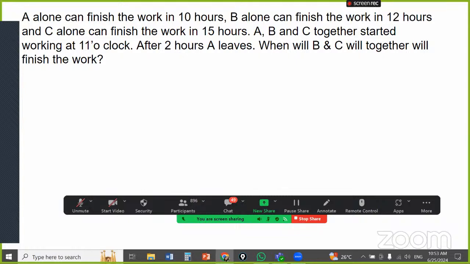A, B, and C separately they have given, and all the three together. Actually, we did two of them doing together. Here, all the three of them are doing together. And after 2 hours, one person is leaving. The remaining work has to be done by the other two persons. So, how long will they take to complete the remaining work? That's the question.